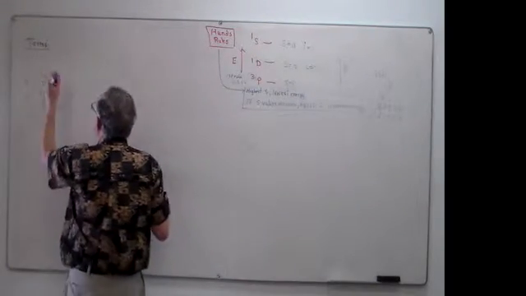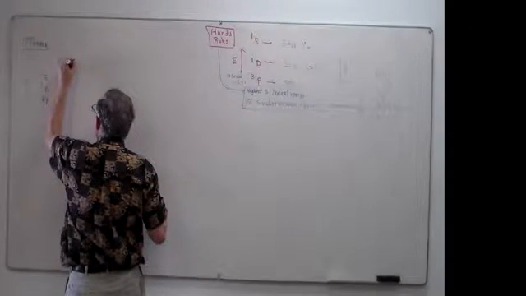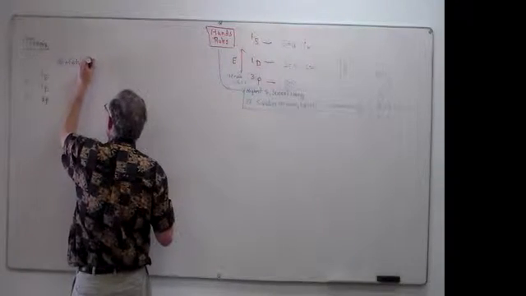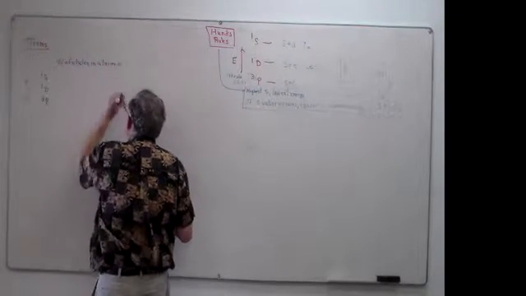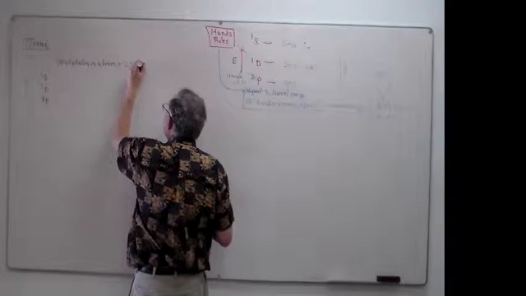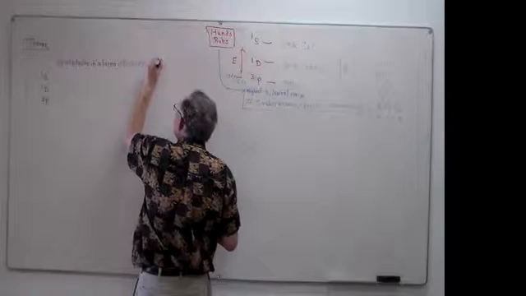Now, the number of states in a term equals 2S plus 1 times 2L plus 1.